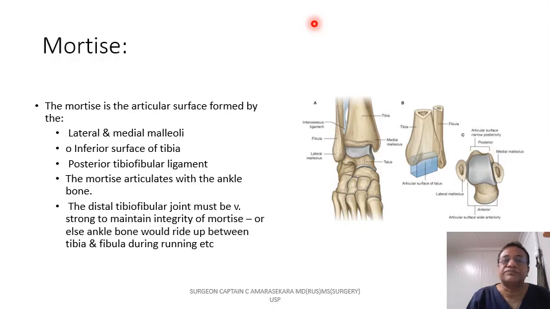Especially when you are doing the mapping, you should keep this mortise in mind, because any damage to the mortise may have long-term consequences. So as clinicians and educators, understanding this structure helps us diagnose, treat and teach with clarity and confidence.